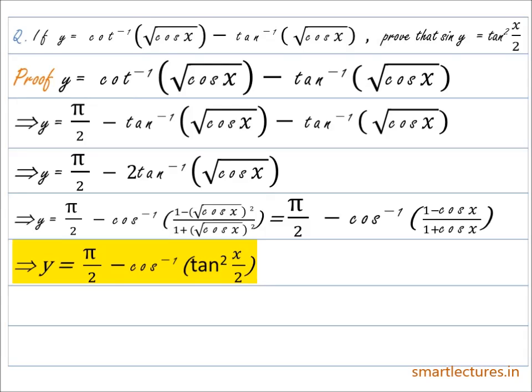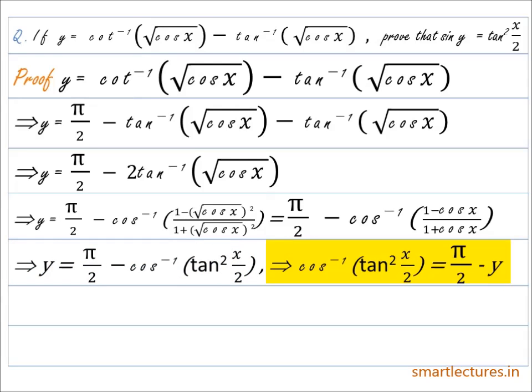And now if we take cos inverse tan square half x to the left hand side and y to the right hand side, then this equation becomes cos inverse tan square half x is equal to half pi minus y. Or that means half pi minus y is the angle the cosine of which is equal to tan square half x.